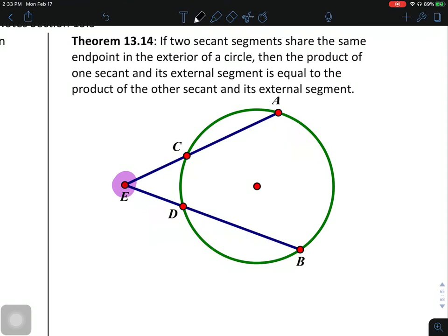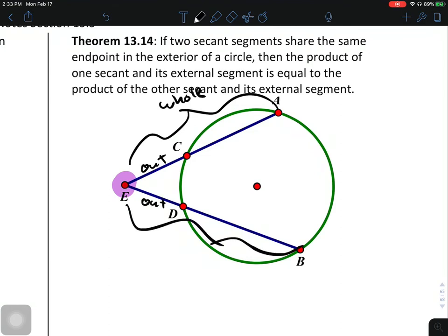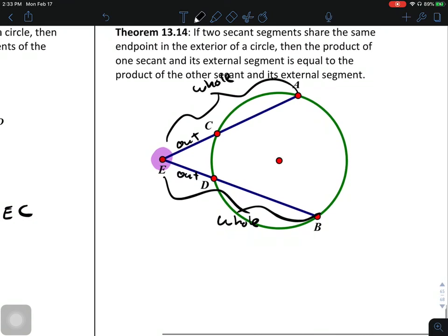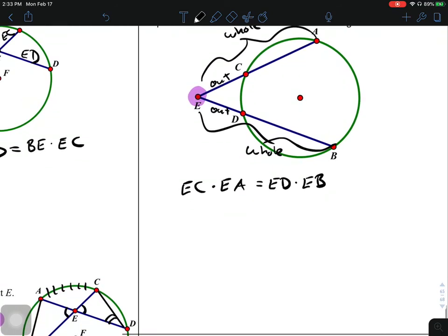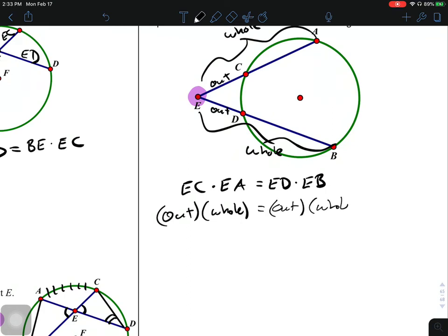So it's saying that the outside times the whole will equal this outside times the whole. So EC, the outside, times the whole segment EA should be equal to ED, the outside, times the whole segment EB. I think of it as out times whole equals out times whole.